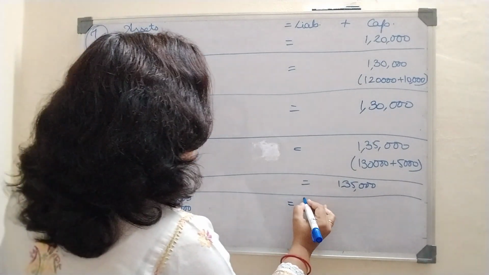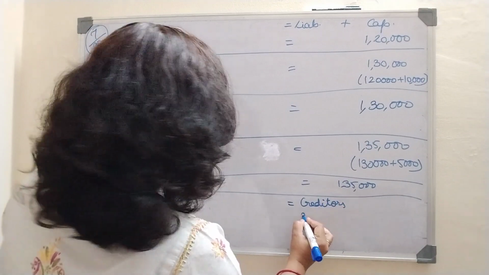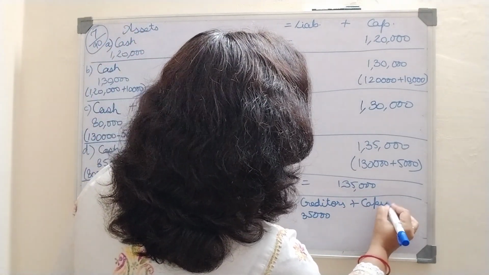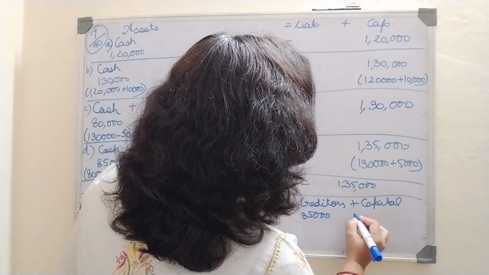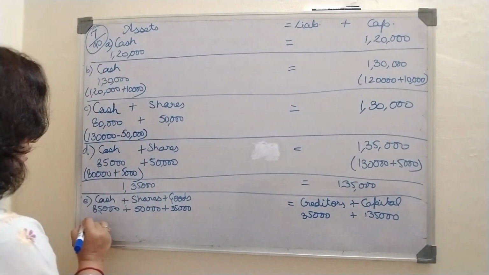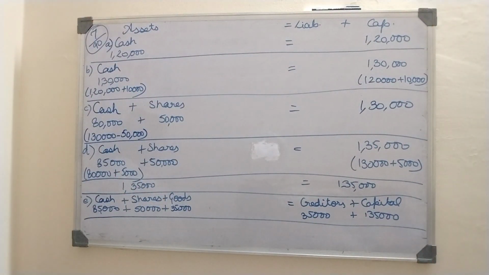And also now I have another head, creditors 35,000 plus capital 1,35,000. So now again we will check our amounts which we have written. It is 85,000 plus 50,000 plus 35,000 left hand side.